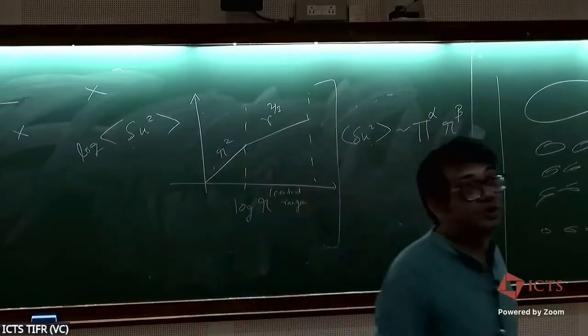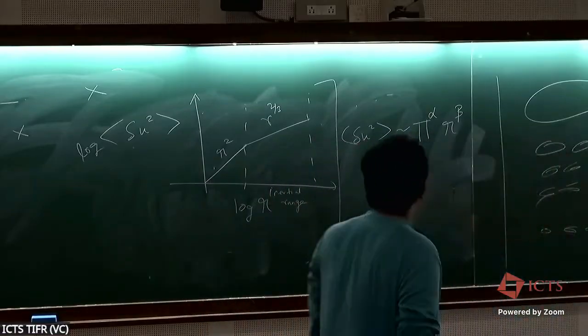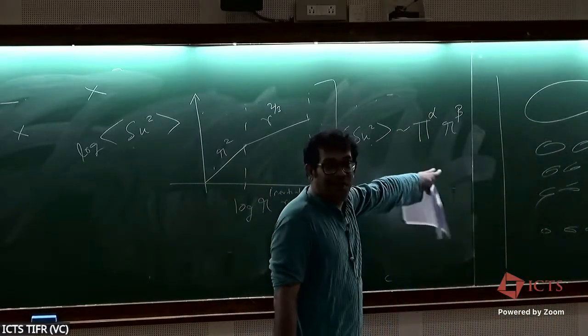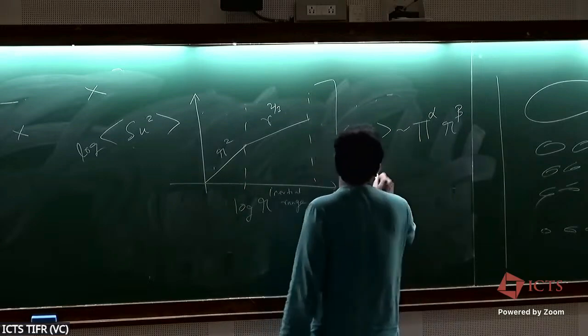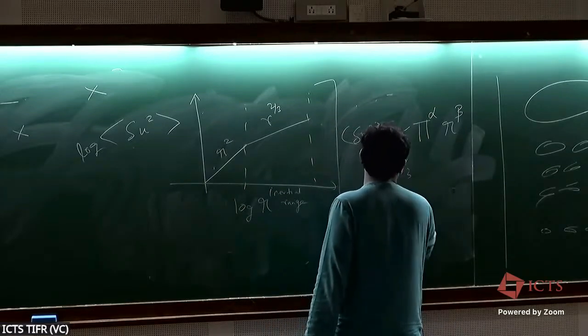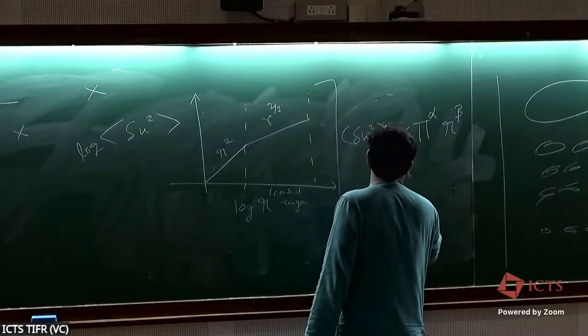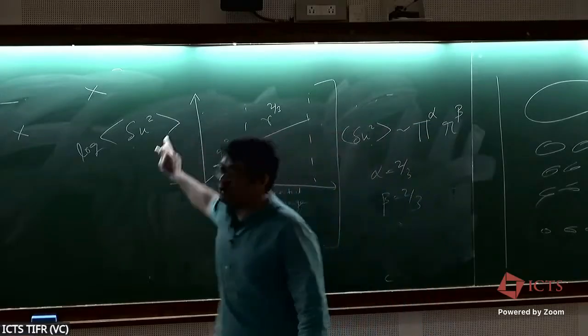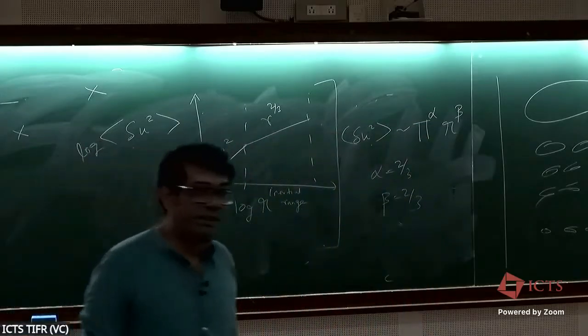Now it's a trivial exercise, by just looking at power counting, that you will see that alpha is 2/3 and beta is 2/3. Which essentially satisfies what you will see experimentally, right?